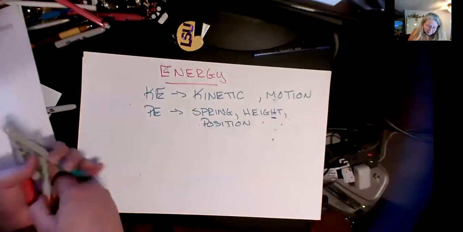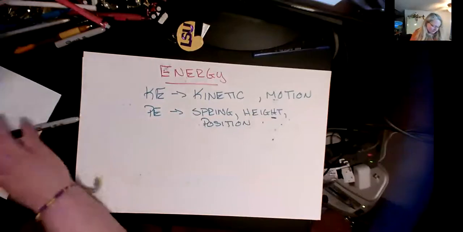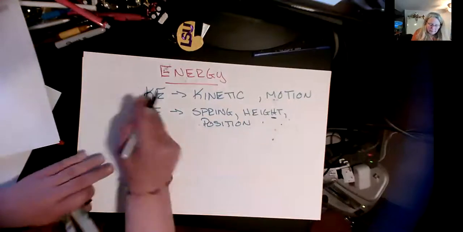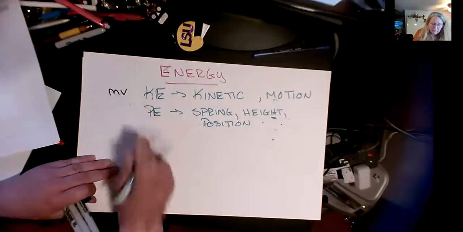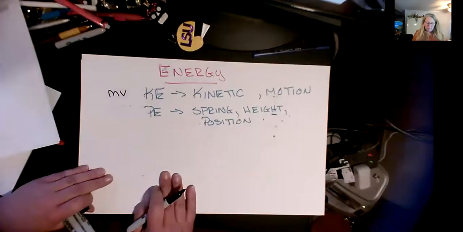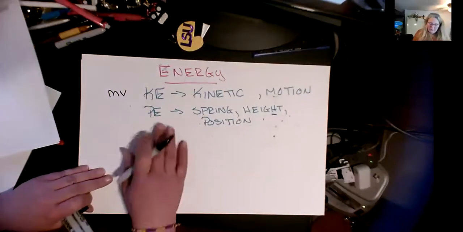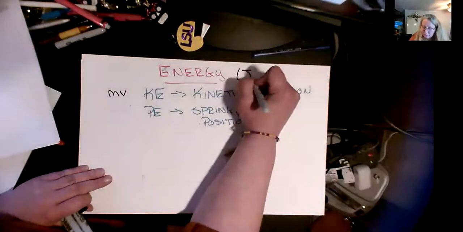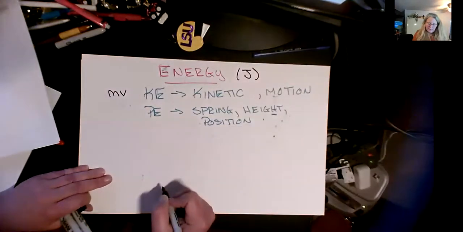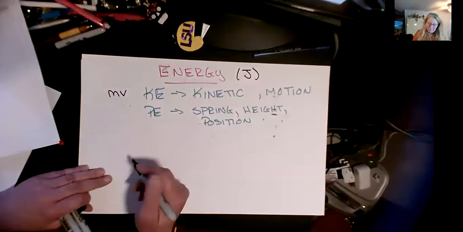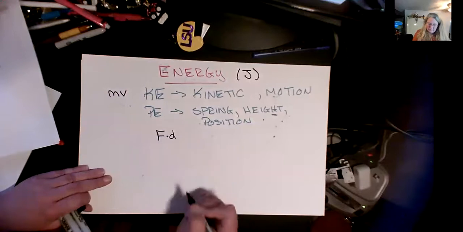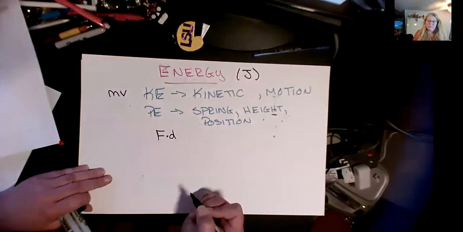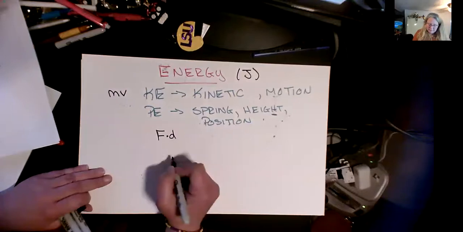So mathematically, I can define these in terms of motion. We had momentum, we talked about that. If I want to get things into joules, let's see if we can see where this comes from. Because remember joule from work, we said that's a force times a distance, I'm sorry, times a displacement.